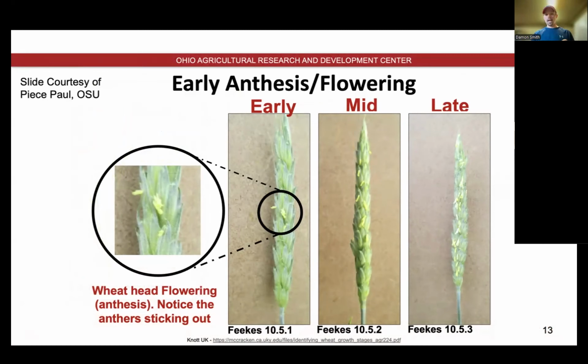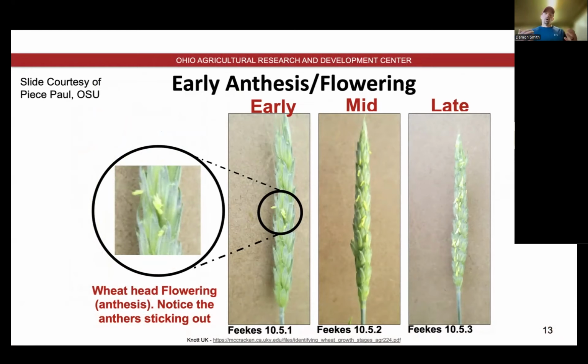So in this early timing, you can see this is the 10.5.1. If you have approximately 50% of the plants in the field showing at least 1 anther out, like you see in this left-hand photo, then that would be the 10.5.1 timing for that field.